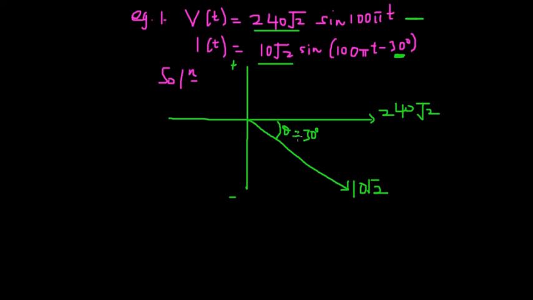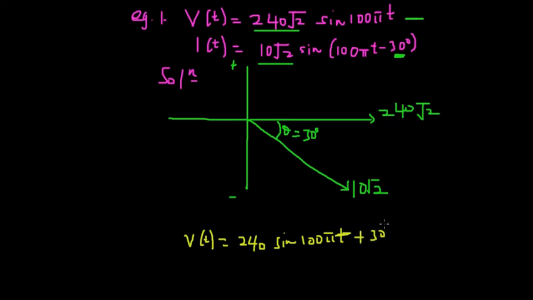Let's take another example so that you get to understand it better. Let's say we have a certain v of t equal to 240 sine 100t plus a certain angle, let's choose maybe 30.